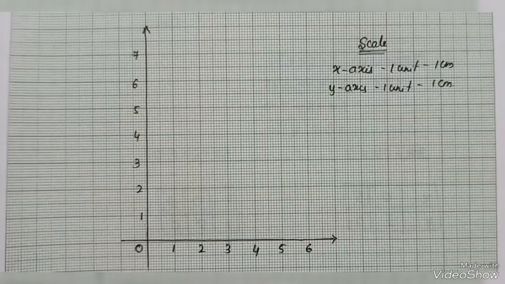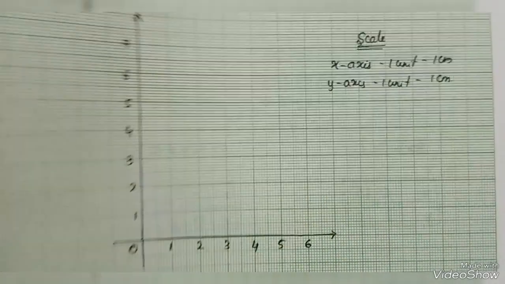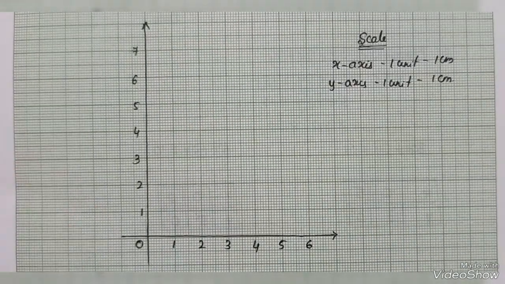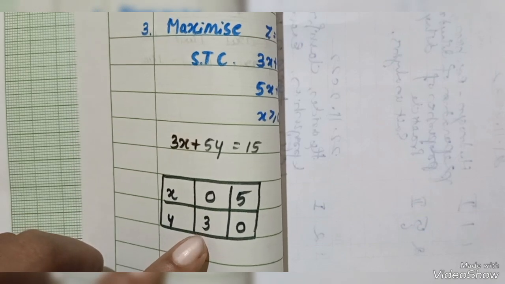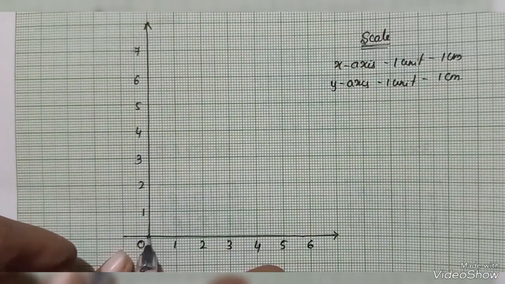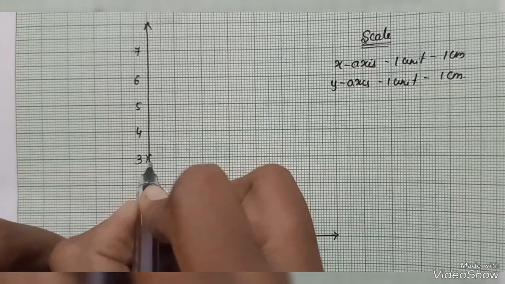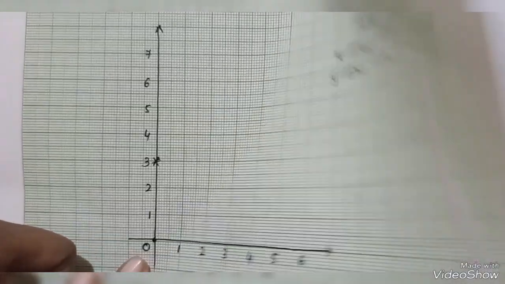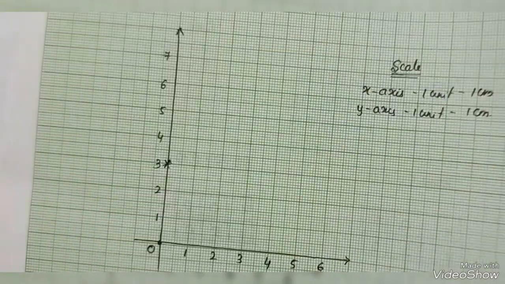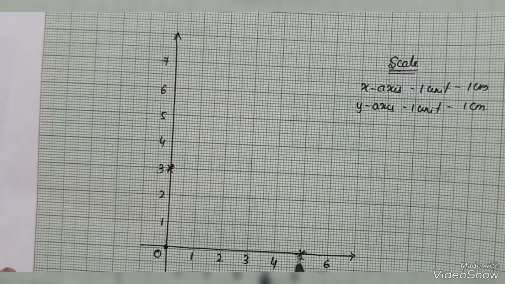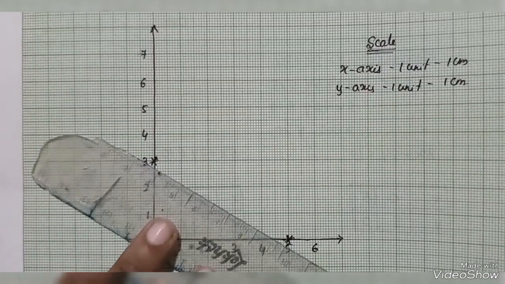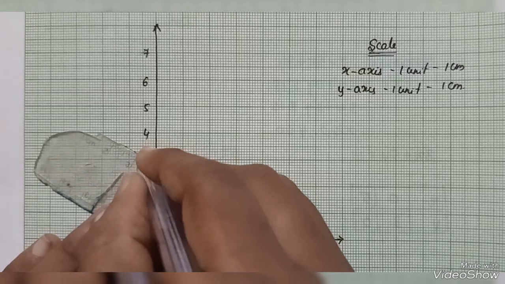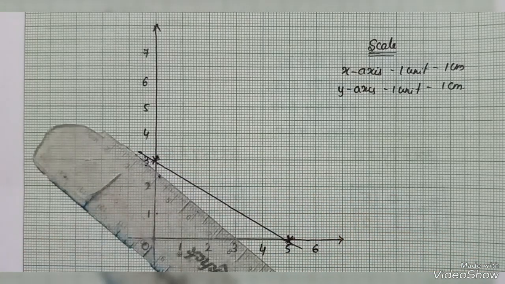Here there is a first point, that is, for the first graph I have considered x equals 0, y equals 3. Here x equals 3, 0, y equals 3. Okay, now again x equals 5, y equals 0. So for the first diagram I have to take the graph of this one and draw a line.